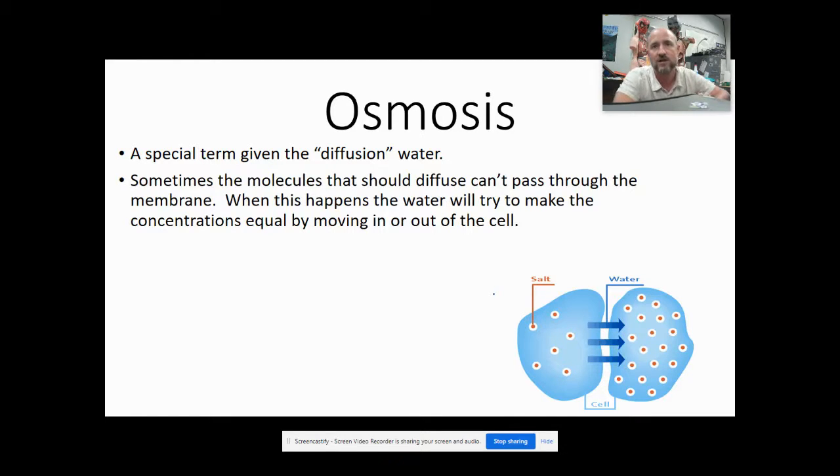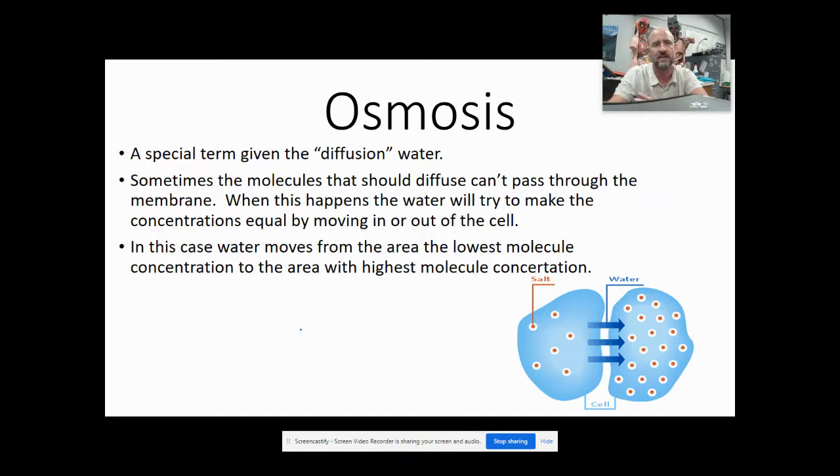So sometimes the molecules that should diffuse can't pass through the membrane. And when this happens, the water will try to make concentrations equal by moving in or out. So the water tries to move in or out. And so we get this really cool thing called osmosis. Plus, it's just fun to say. And there was a cool movie when I was a kid called Osmosis Jones.